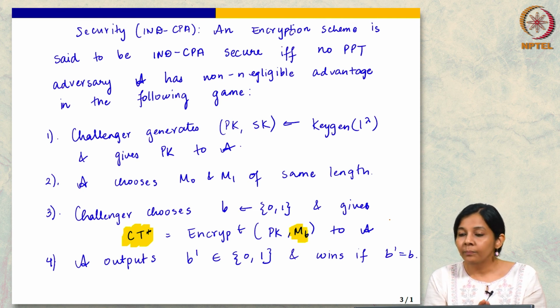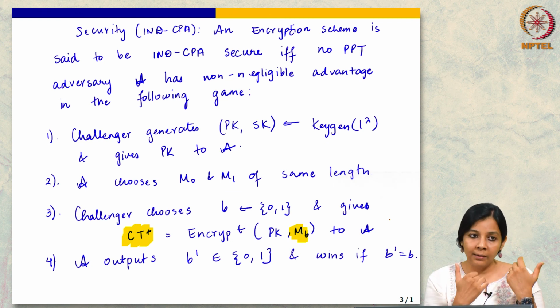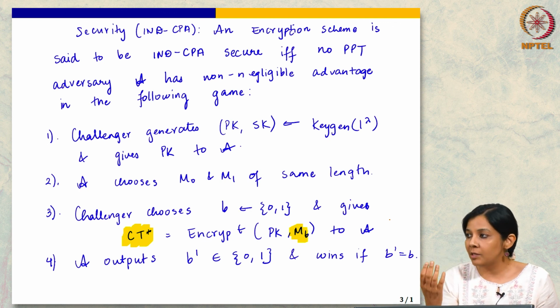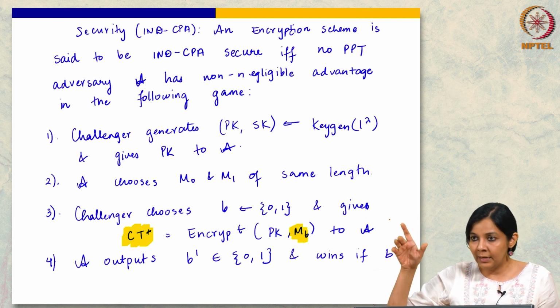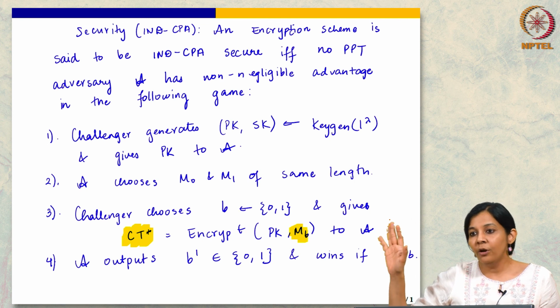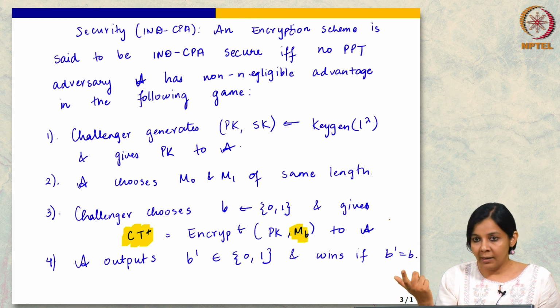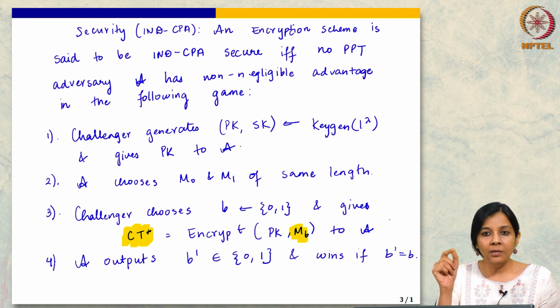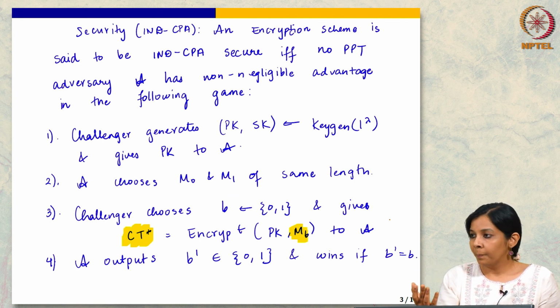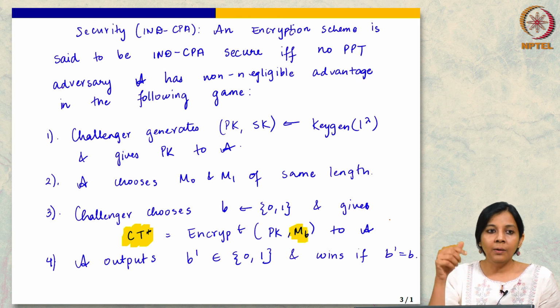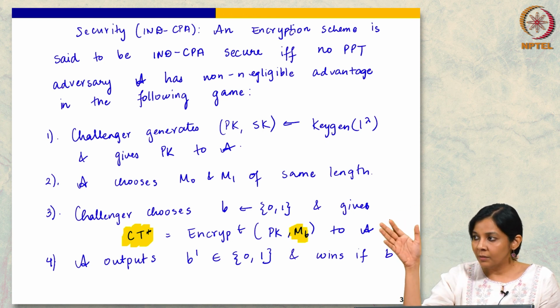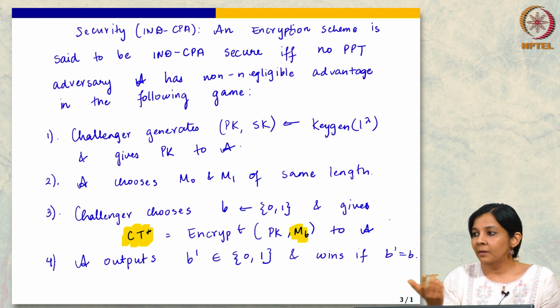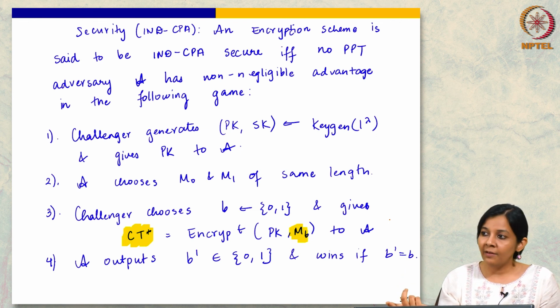So, what I will do is take as input an instance of the DDH problem. That means g to the a, g to the b, and some element t, which is either g to the ab or it is random. Okay. And I will use this DDH tuple to embed it into my public key and ciphertext. The first, g to the a, I will give as the public key. The second, g to the b, and g to the ab or g to the c, I will give as the two components of my ciphertext.